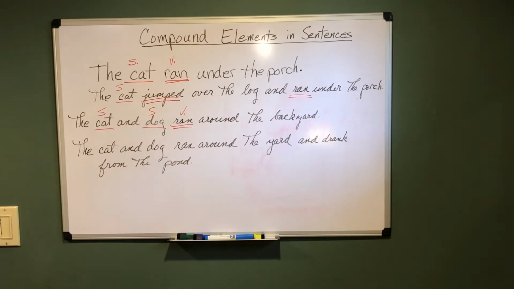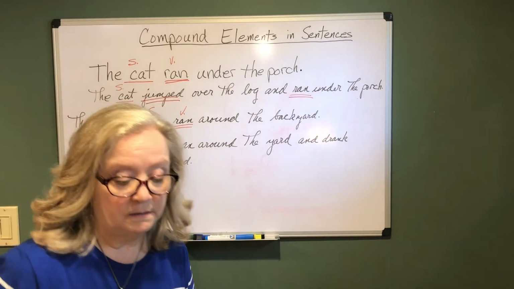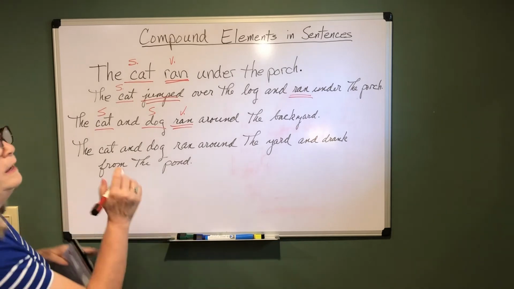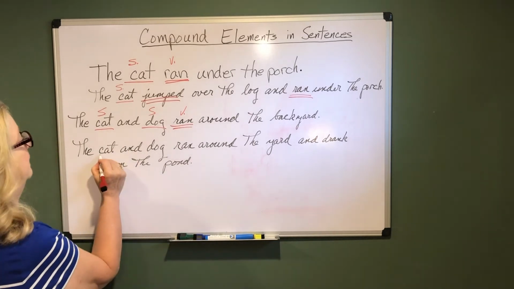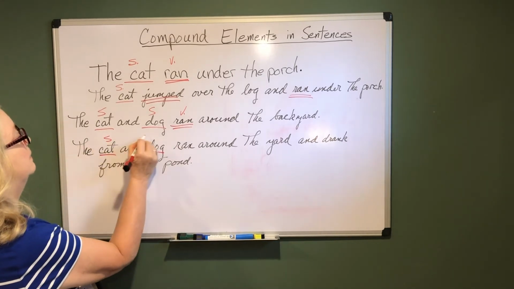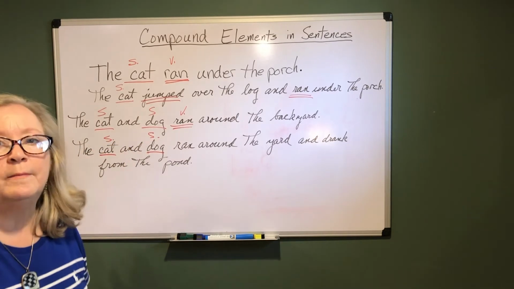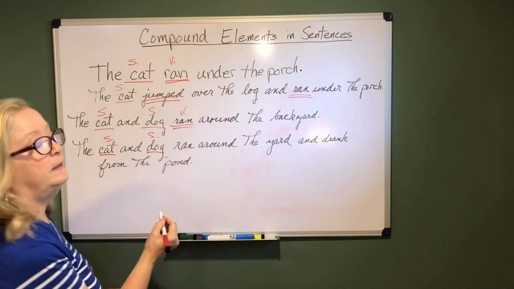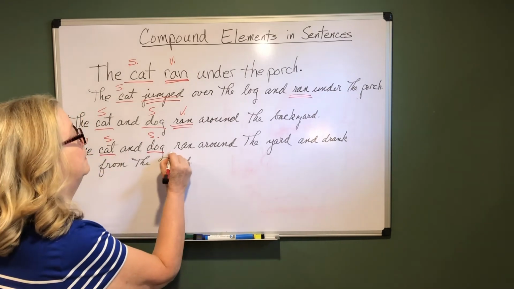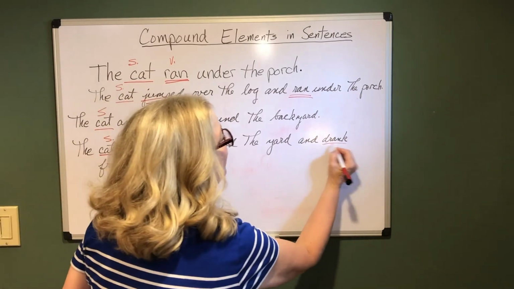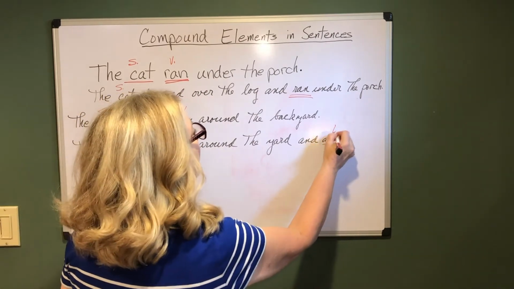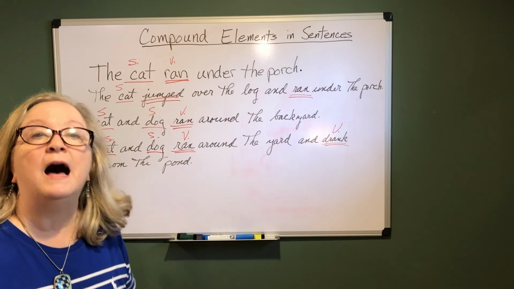Okay, now we've got some compound elements. It's a simple sentence with some compound elements. Let's look at it. We have two subjects, the cat and the dog, two guys that we're talking about. We're talking about a cat and we're talking about his friend the dog. And what did they do? They did two things. They ran and they drank. Okay, so they ran around the yard and they drank from the pond.